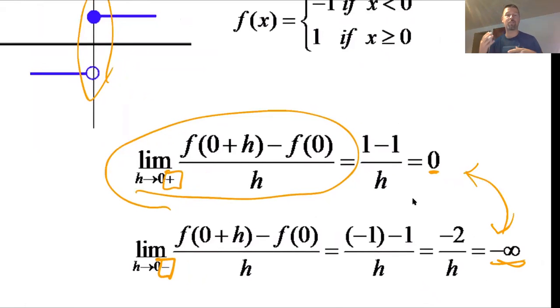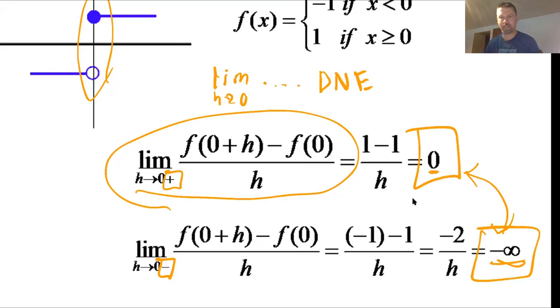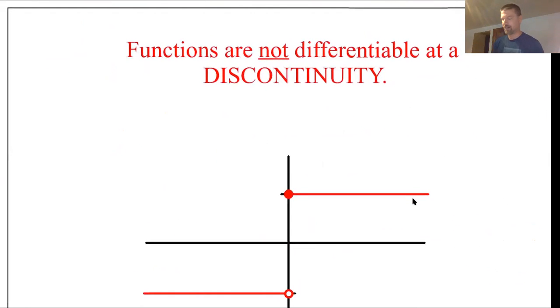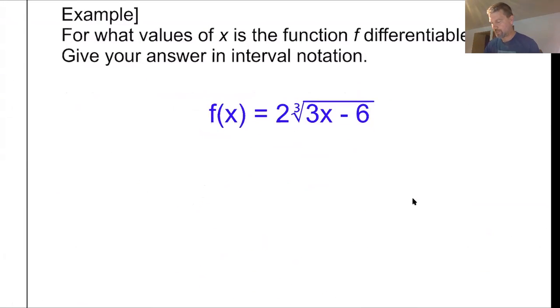And remember, if the limit from the left and the right don't agree, the limit as a whole does not exist. If I ask the limit as h just approaches 0 without putting a left or a right there, I would have to say that this limit does not exist because the values from the left and the right don't agree. So that's the last one. Functions are not differentiable at a discontinuity. So there are 4 of them.